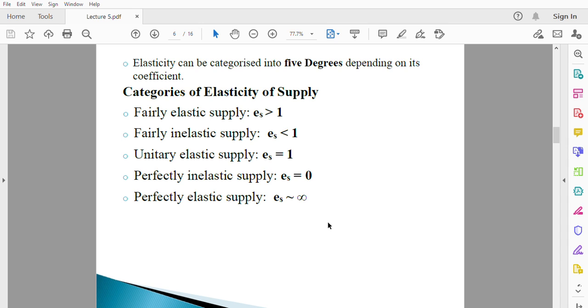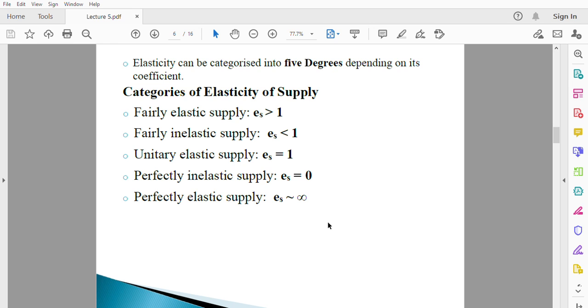Great. So elasticity can be categorized into 5 degrees depending on its coefficient. And that is what we want to look at, the categories of elasticity of supply. The first is fairly elastic supply.